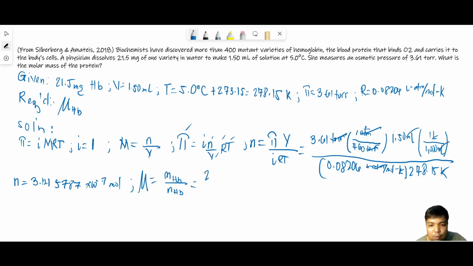We have 21.5 milligrams of hemoglobin, and we know that your molar mass is in grams per mole. So convert this first to grams, using the conversion factor from milligram to gram: 1 gram is equal to 1,000 milligrams. Then we divide this by the number of moles.